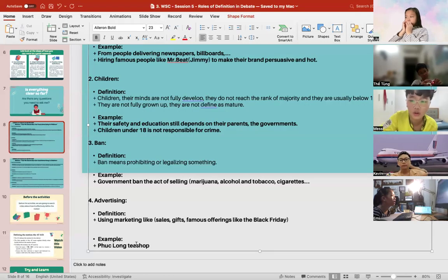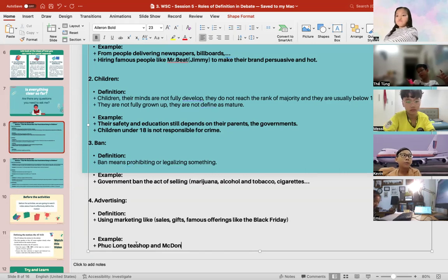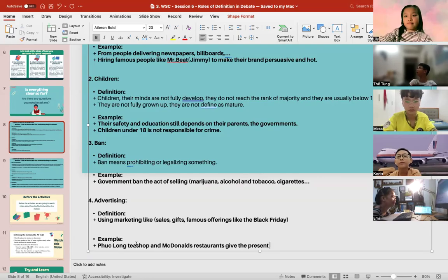Okay, so what is your main idea? What is your one line? Make the example in one line. Okay, so Phúc Long Tea Shop and McDonald's restaurant give a present offer to their first 100 customers.